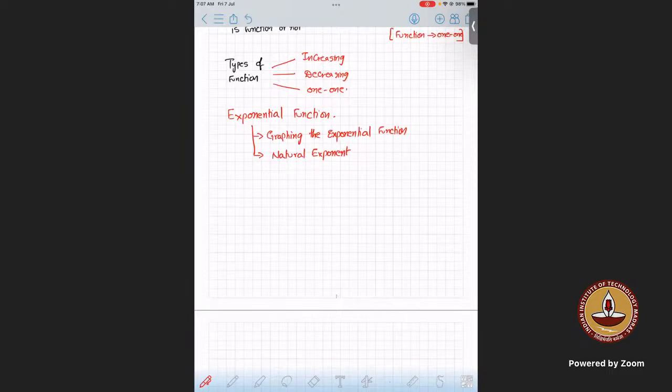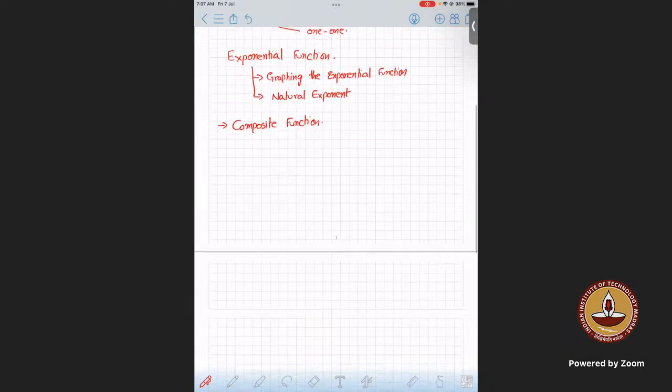Finally, we will do some example problems. And then the last topic of week 5 is composite functions and applications of composite functions, that is the inverse of a function.